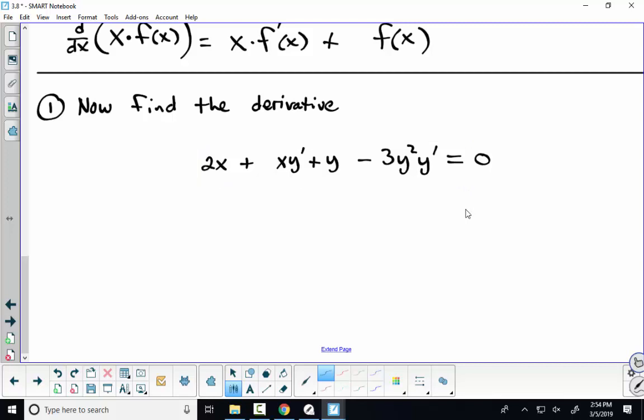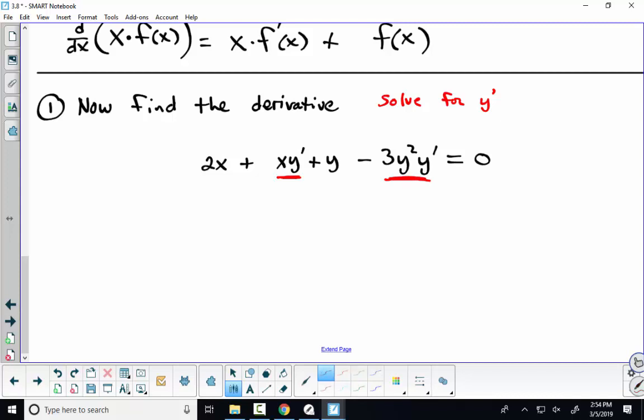And let's see. Okay, we'll use 3. So if we're just finding the derivative, that means we have to solve for y prime.